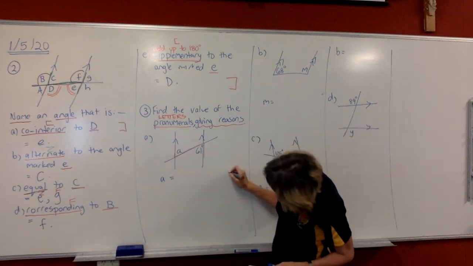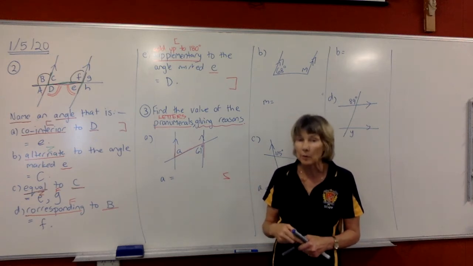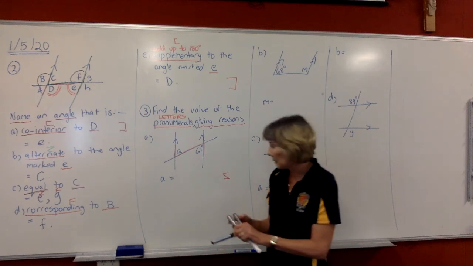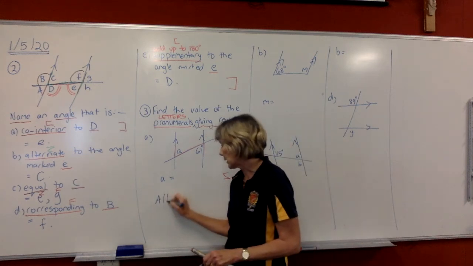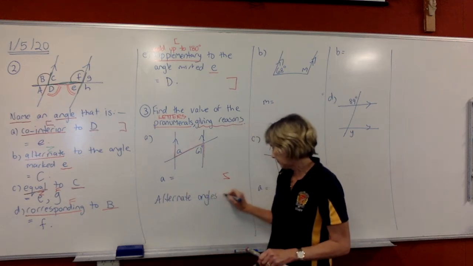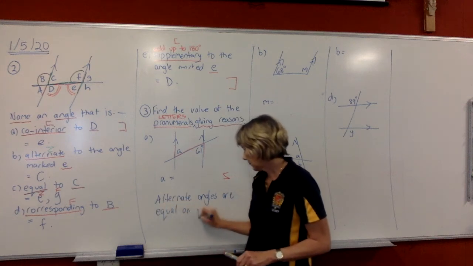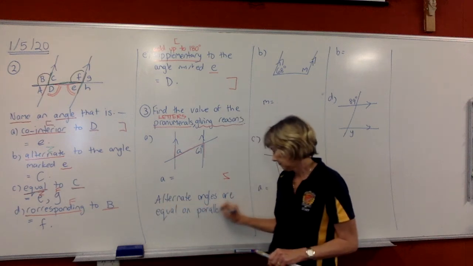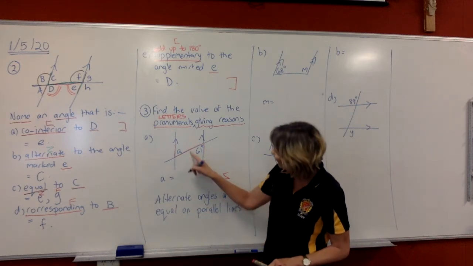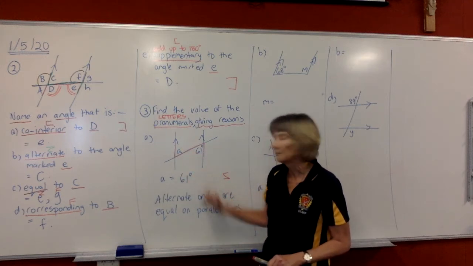Now you'll see straight away that we've got a Z shape happening there. So the Z shape means we have alternate angles, and we know that the alternate angles are equal in parallel lines. So that's our reason. We can write that down under here straight away. Now if alternate angles are equal on parallel lines, then A must equal 61 degrees.